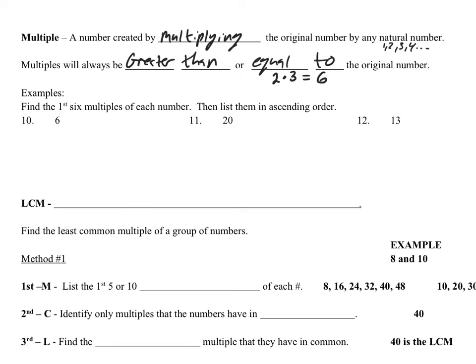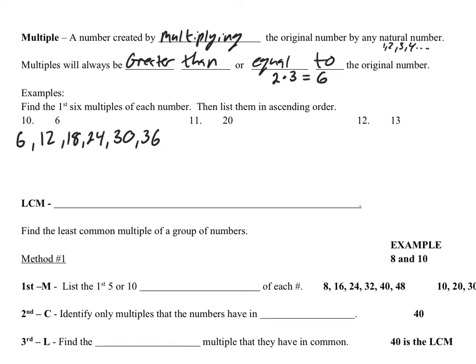The way we do this is simply take that value and multiply it by the first 6 natural numbers, 1, 2, 3, 4, 5, and 6. So 6 times 1 is 6, 6 times 2 is 12, 6 times 3 is 18, 6 times 4, 24, 6 times 5, 30, 6 times 6, 36. Those are the first 6 multiples of 6.